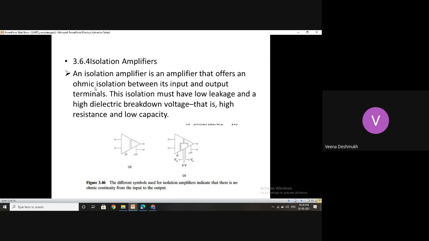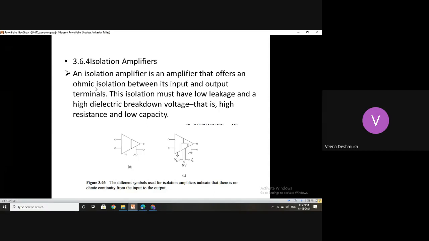So ohmic isolation means the impedances are properly matched as per the requirement. That means the input impedance is maintained very, very high so that no voltage drops across the device and no current is drawn into the device. It is given exclusively for the amplification purpose.